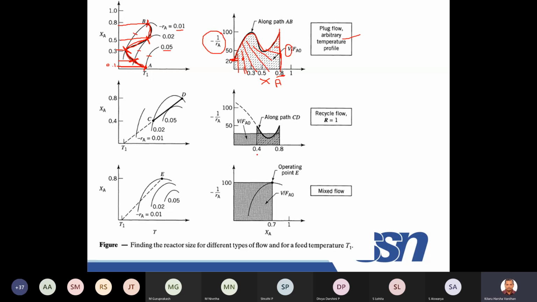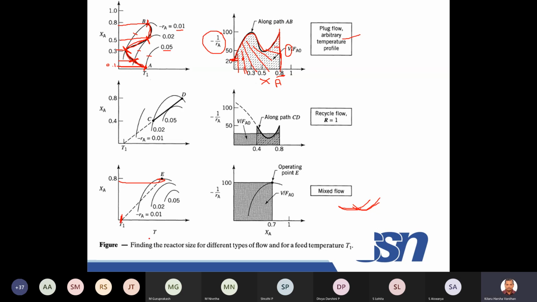Now suppose I want a 0.8 or 0.7 conversion in a mixed flow reactor. What do I have to do? I know the conversion, 0.7. This is the 0.7 line somewhere.